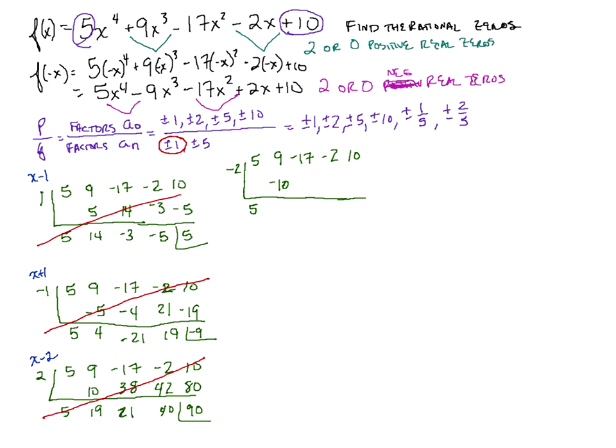By the way, this is for a factor of x plus 2. Okay, combine down, multiply, combine down. Getting kind of big here. Multiply, doesn't look like we're going to make it. And negative 56, negative 46 fails.